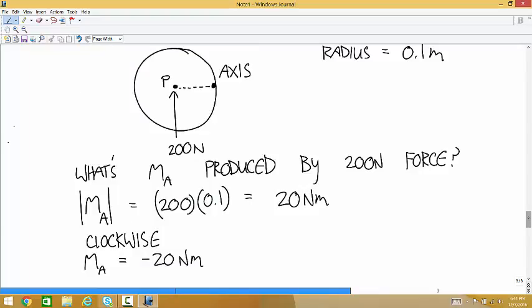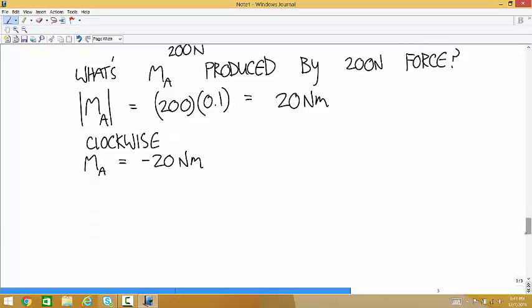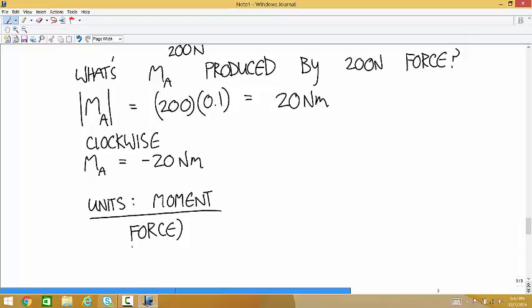Okay. Any other questions about that? So let me get the units in here. Units for a moment are always units of force times units of length.